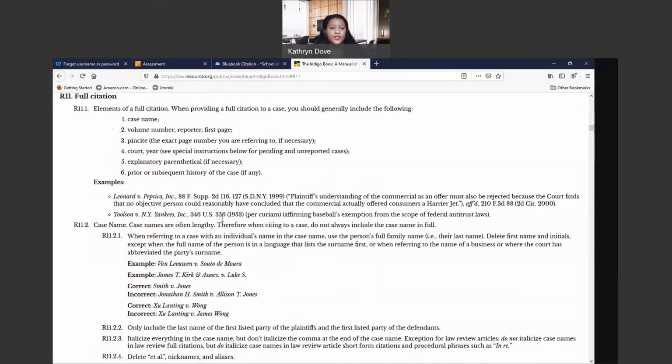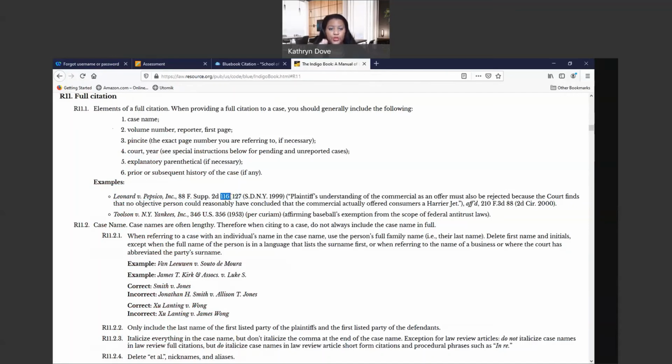An example of a case citation. Case name. The volume, 88 Fed Supp. Page 116. Page 127. 116 is where the case starts.